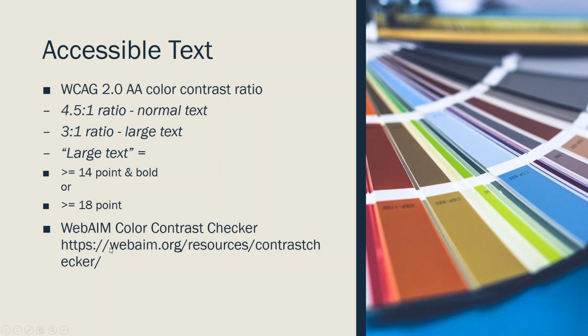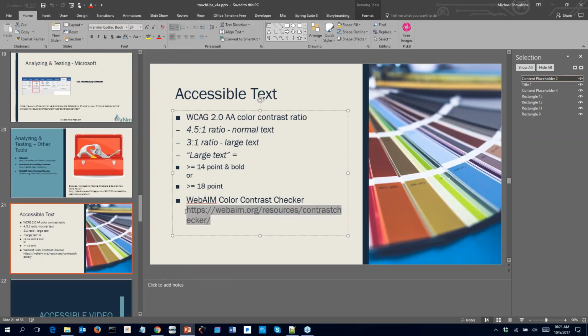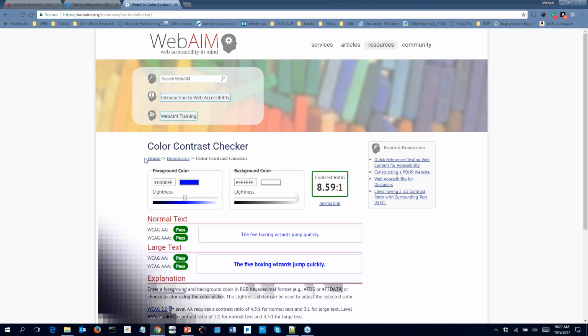So let's take a quick look. I haven't shown you a lot of websites. I do want to take a moment and show you this one. This is an important one as you look at how to make sure that the colors you use on foreground and background are accessible. This is the contrast checker from WebAIM. They're the same people that you saw some of the links from earlier about how to pass level 2.0.